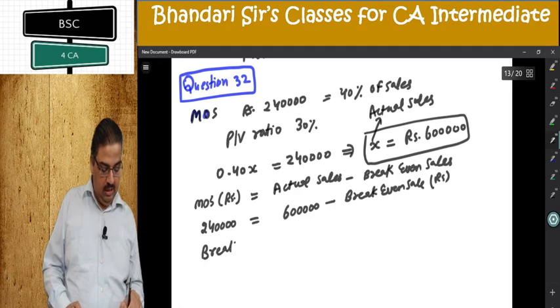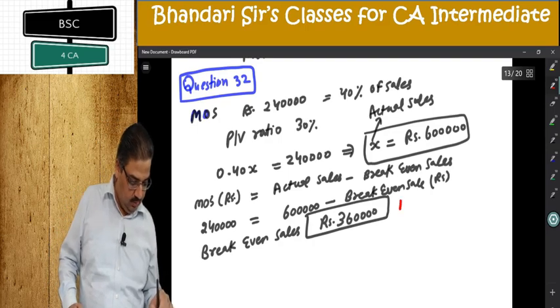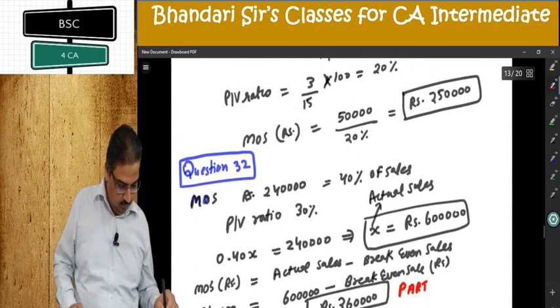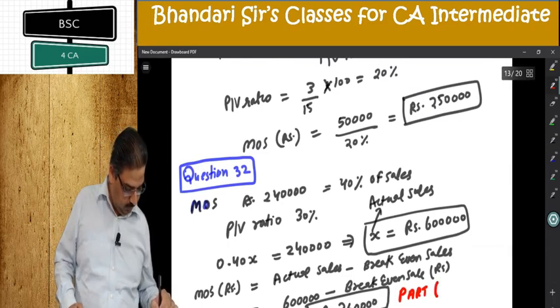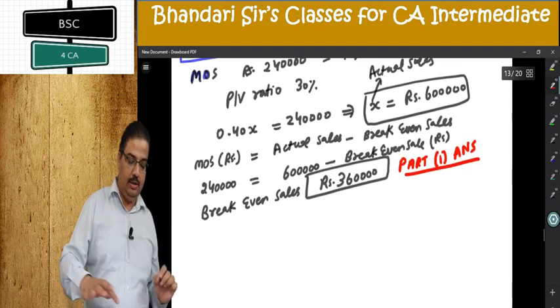So break-even sales 3,60,000 rupees. This is part 1 answer, 3,60,000 rupees.